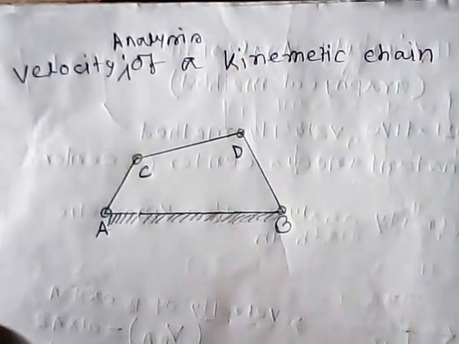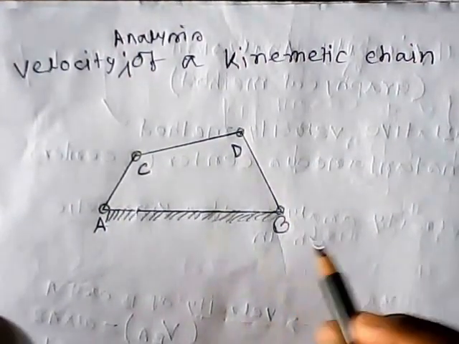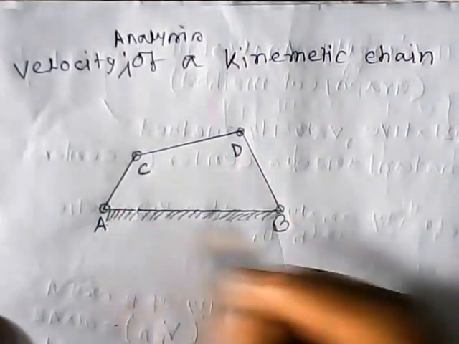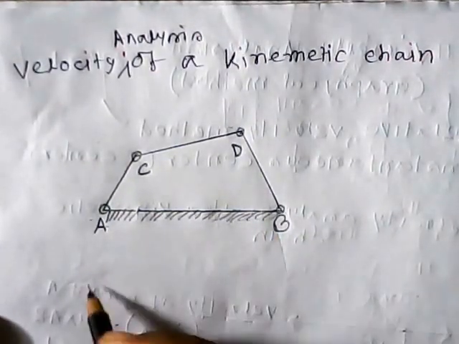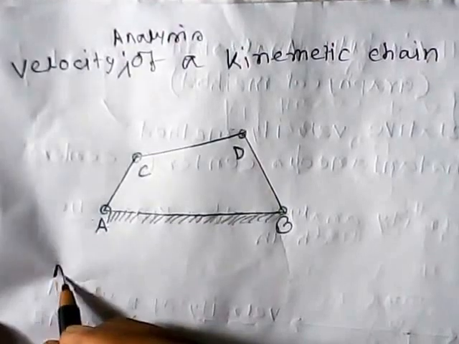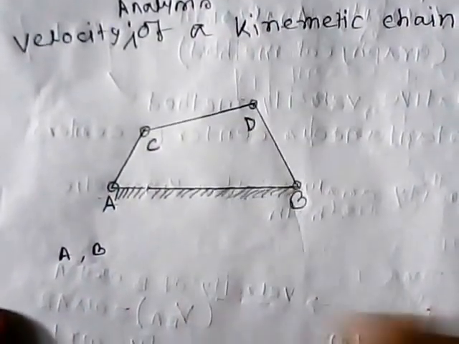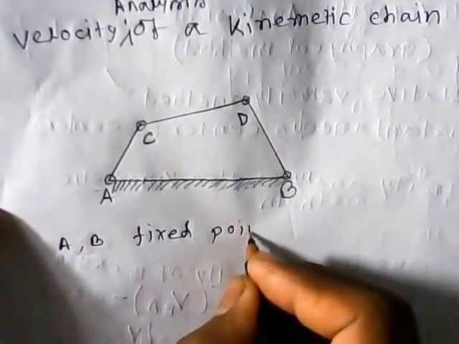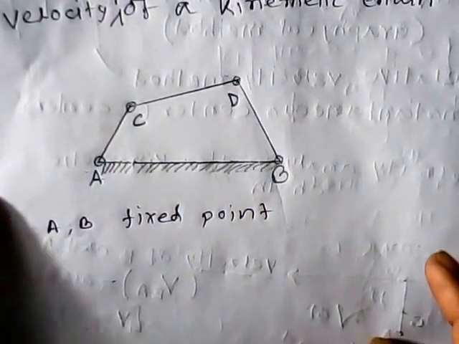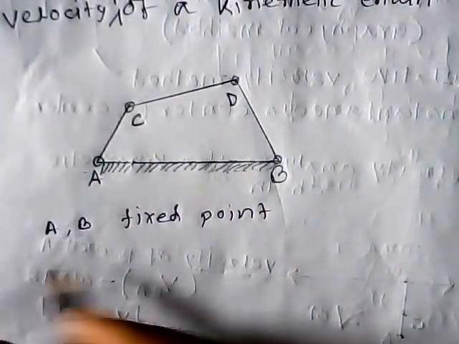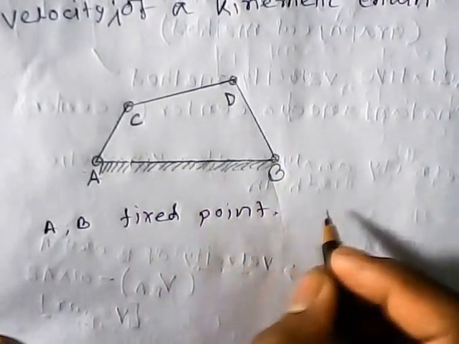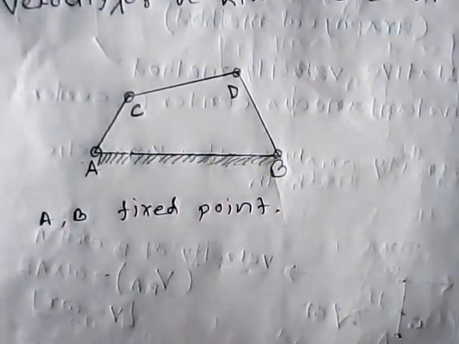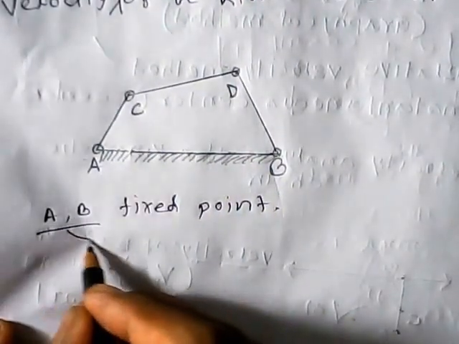Here suppose we have to find the velocity at the point D with respect to fixed point A, B. AB is a fixed point. So this is considered as a single point. If AB is a fixed point, so these 2 points are considered as a single point.